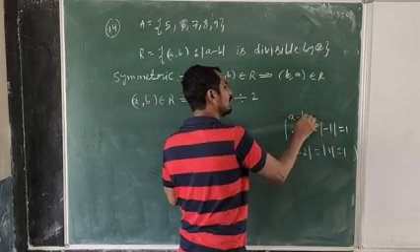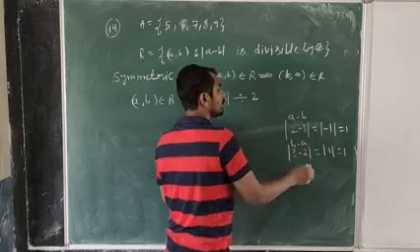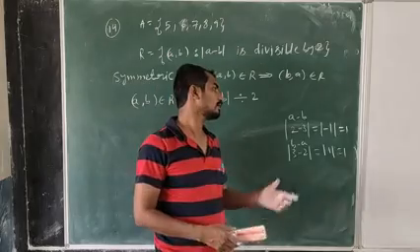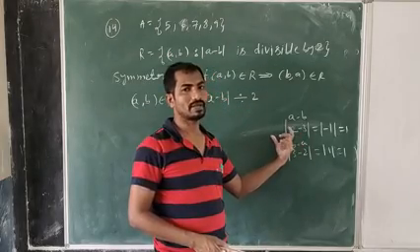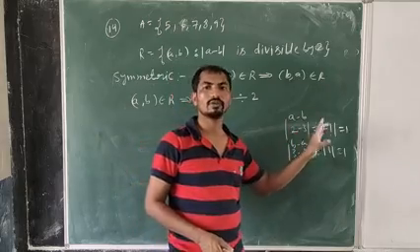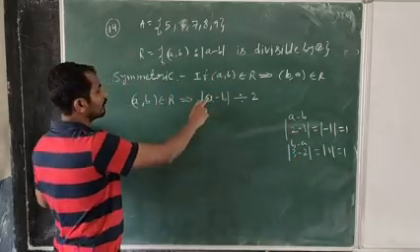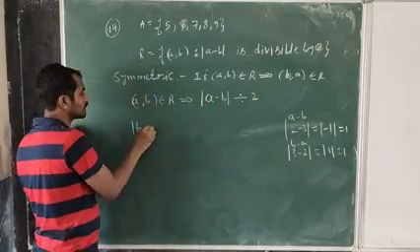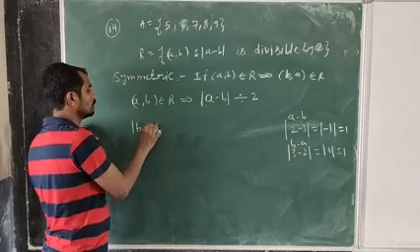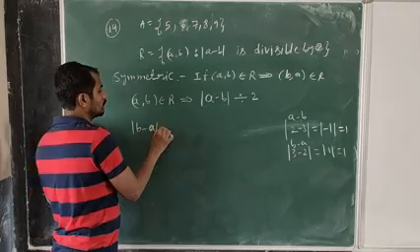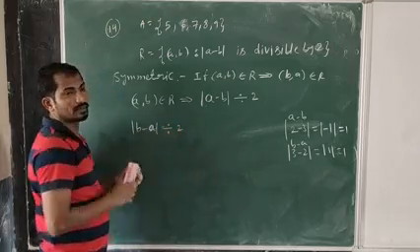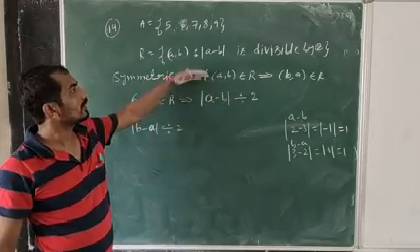That means you can write a minus b or b minus a and the answer will be the same in the case of mod. Already it is given that mod a minus b is divisible by 2. Therefore you can write mod b minus a also divisible by 2.